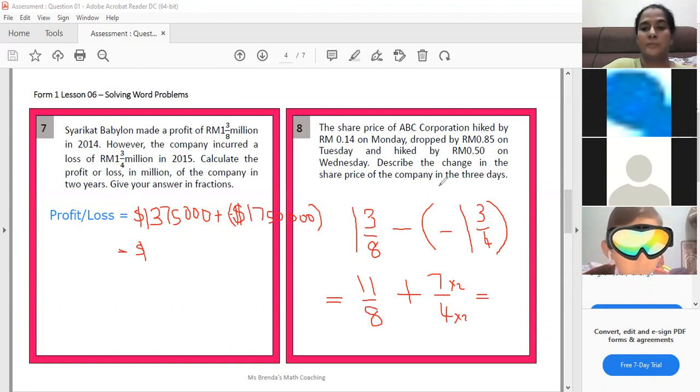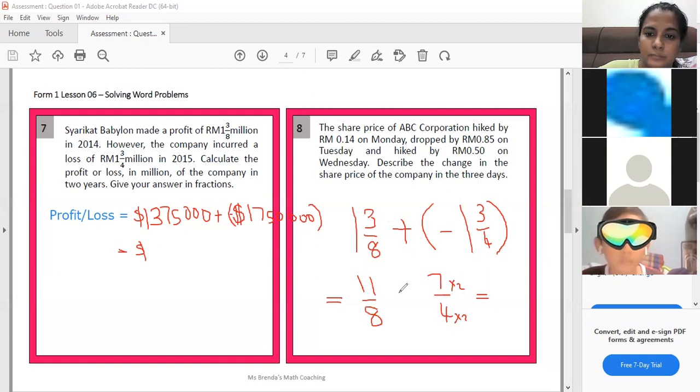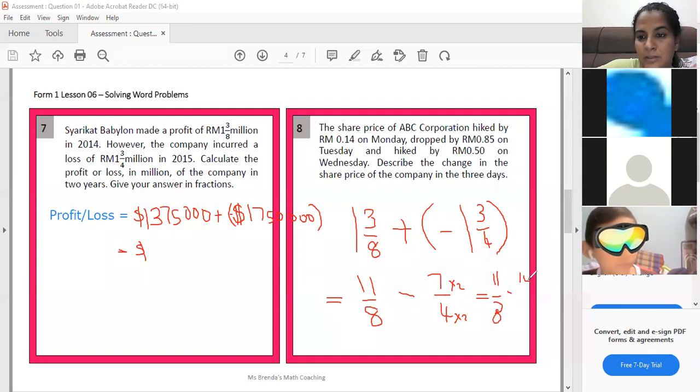Sorry, wrong. So this would be a minus here. So this would be 11 over 8 minus 14 over 8. And what is 11 minus 14? Is negative 3. So it's negative 3 over 8 million.